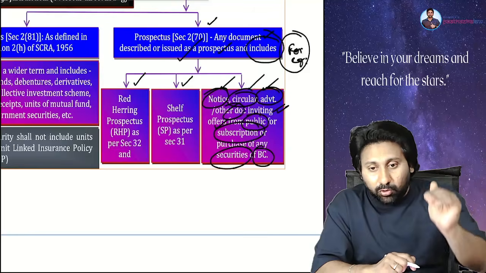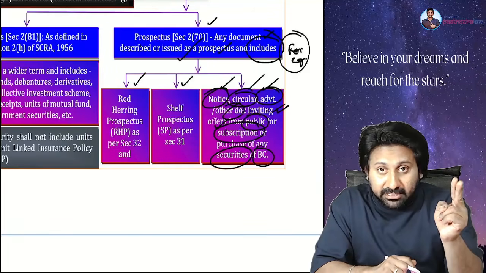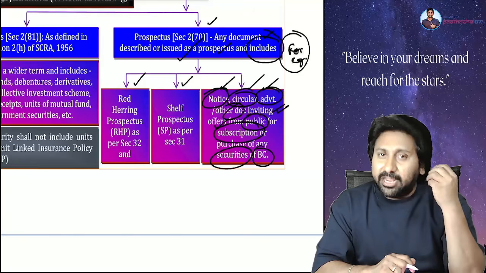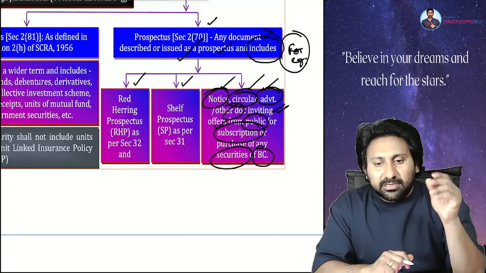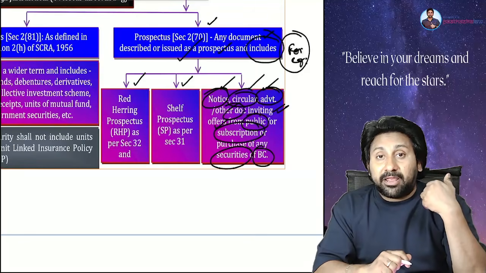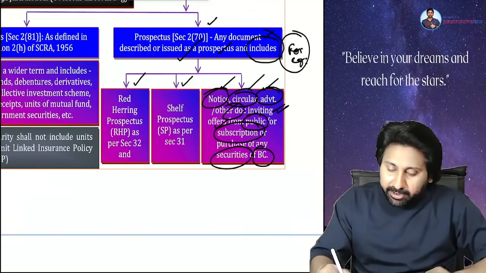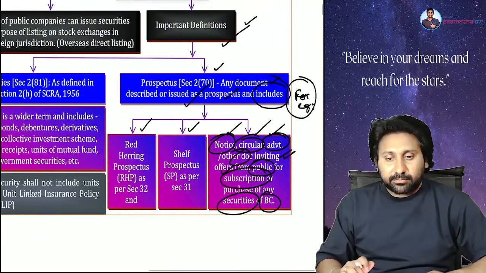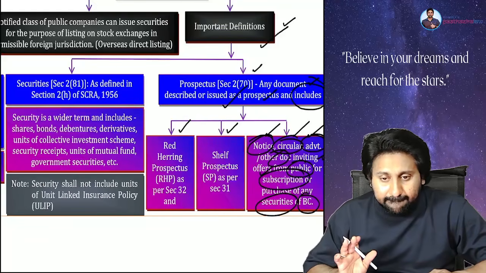And it includes red herring prospectus under section 32, shelf prospectus under section 31, any notice, any circular, any advertisement, any document which is inviting offers from the public to subscribe for the securities of a body corporate. It is automatically becoming a prospectus. Everybody understood the point clearly?